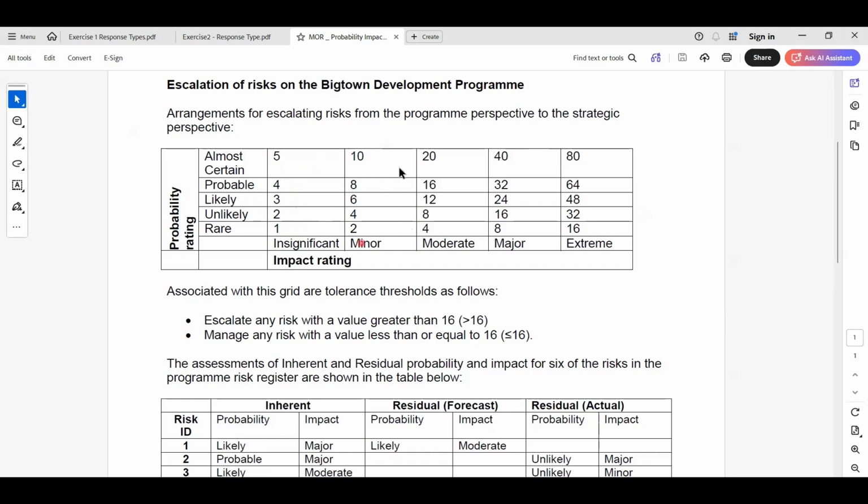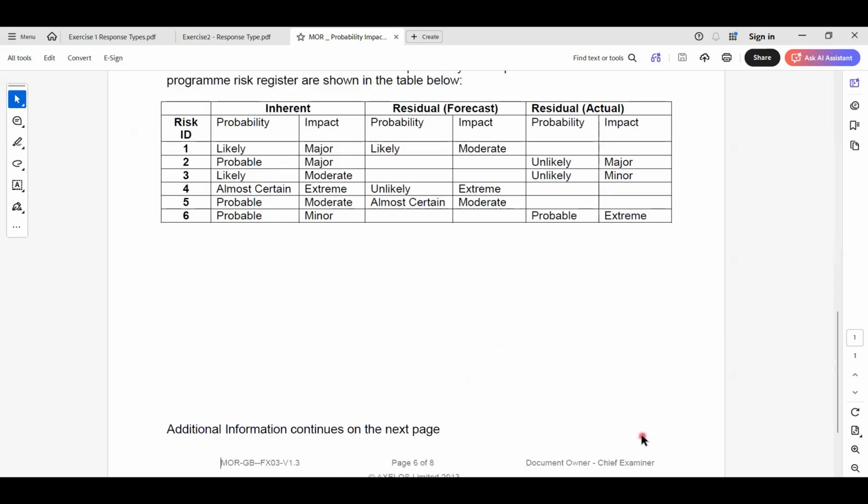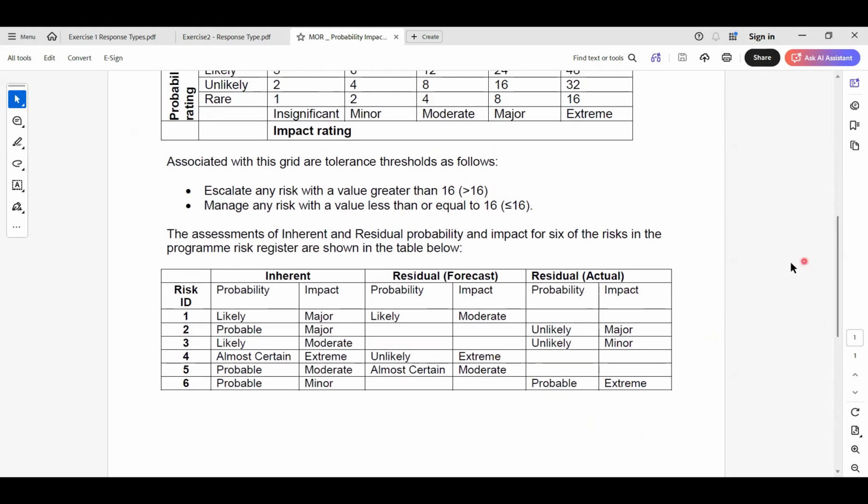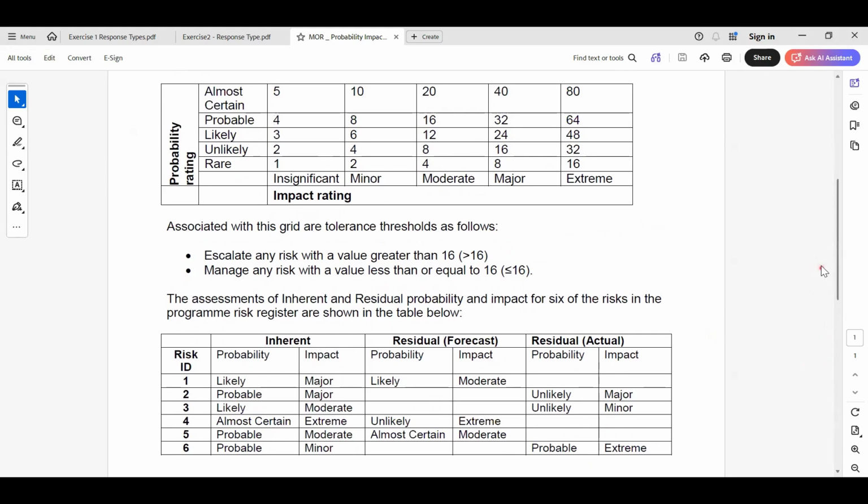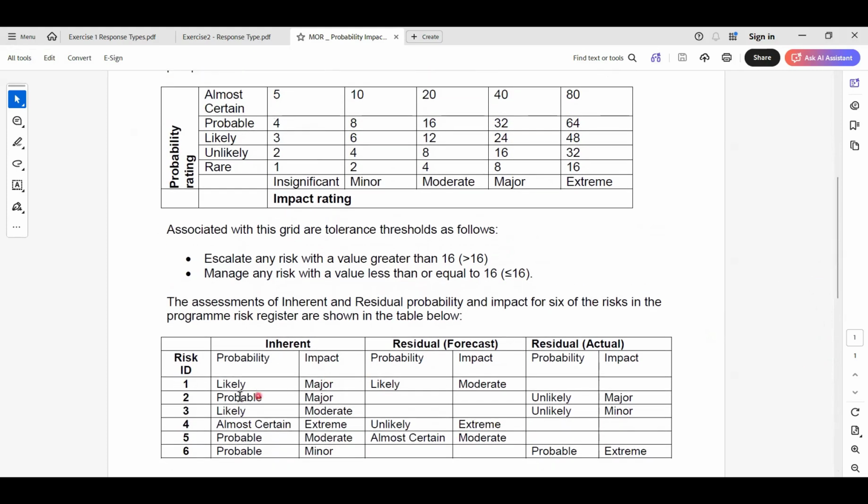This will be part of the risk management plan. Suppose this is a risk register, and I add a risk. The risk is that timelines might slip.